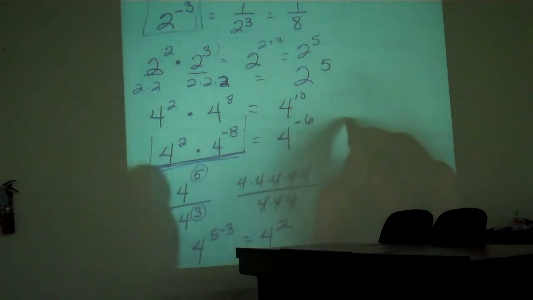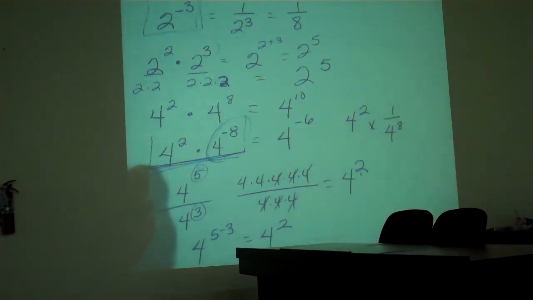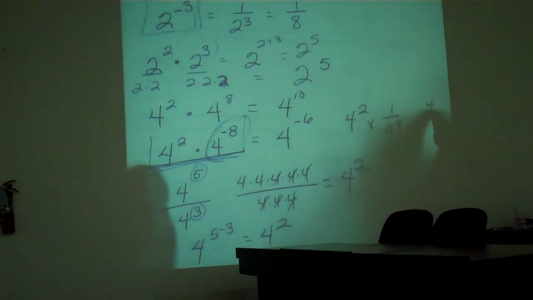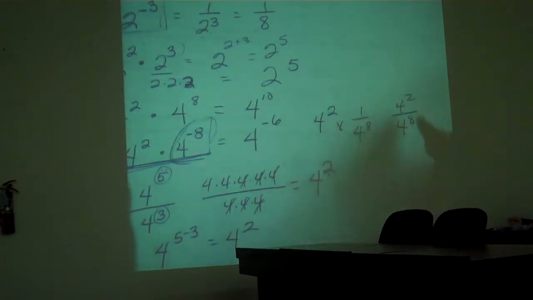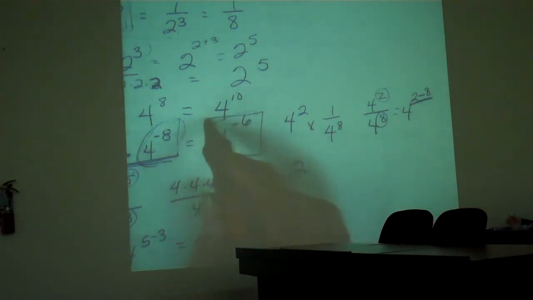Let's say 4 to the 2 times 1 over 4 to the 8. That puts our 8 on bottom. That'd be like 4 to the 2 over 4 to the 8. Remember we said we do the top minus the bottom? 4 to the 2 minus 8. See, 2 minus 8, you're still going to get 4 to the negative 6.